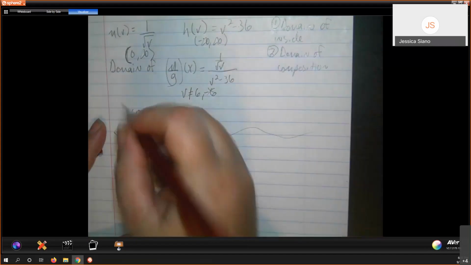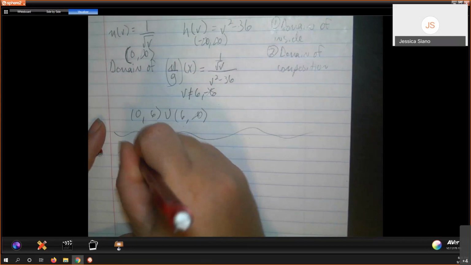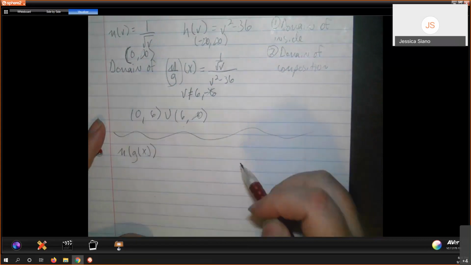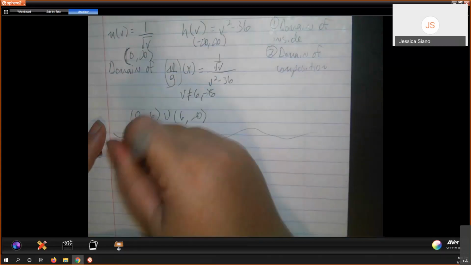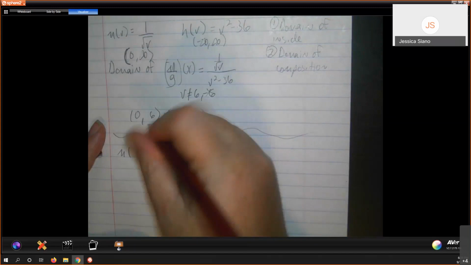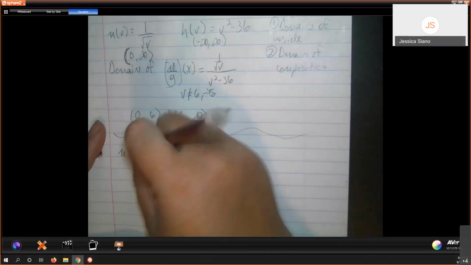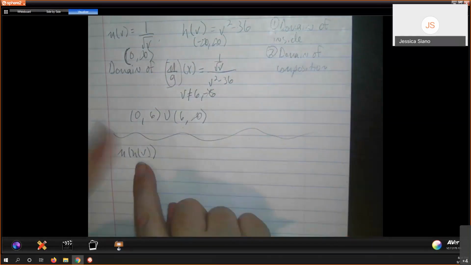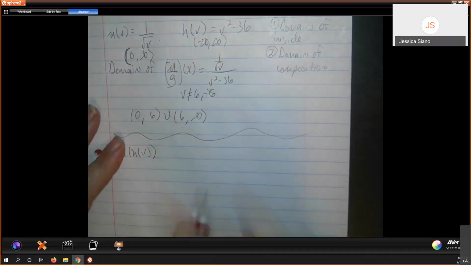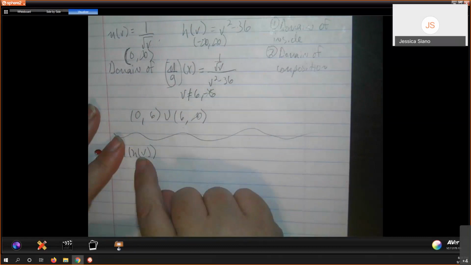So then the next piece of this is m of g of x, like this. So with true composition like this, the first thing, that was m of h of v. So the first thing that we worry about with composition like this is the inside function. So the domain of h of v is all real numbers. So then really we don't need to worry about it.